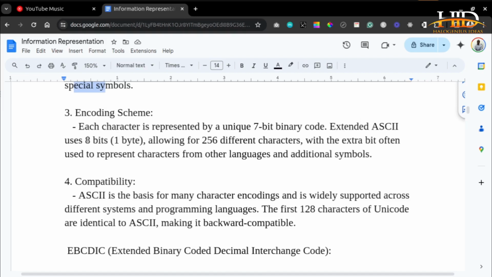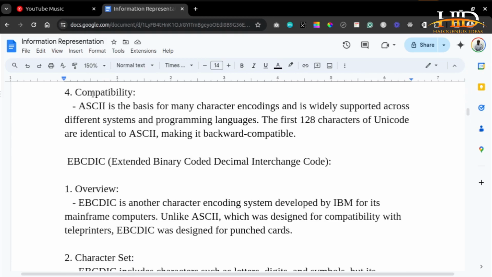Extended ASCII uses 8 bits, which is 1 byte, allowing for 256 different characters, with the extra bits often used to represent characters from other languages or additional symbols. As for compatibility, ASCII is the basis for many character encodings and is widely supported across different systems and programming languages. The first 128 characters of Unicode are identical to ASCII, making it backward compatible.